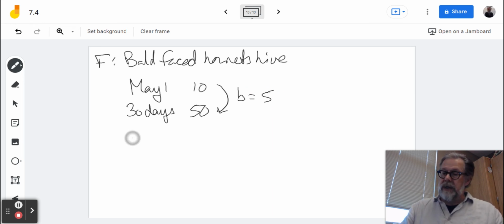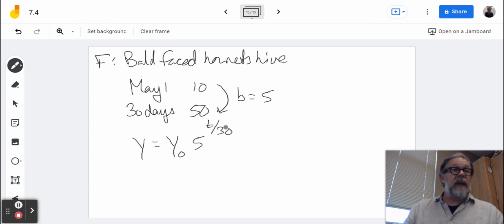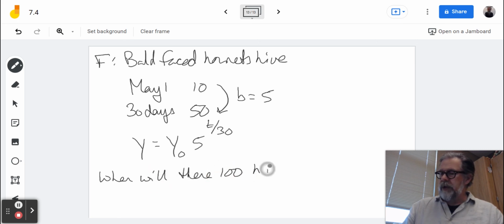I know how long it takes, which means I can dive right in and write an equation: 5 to the t over 30. In days, when will there be 100 hornets in the hive? And 100 is 10 times the original amount.